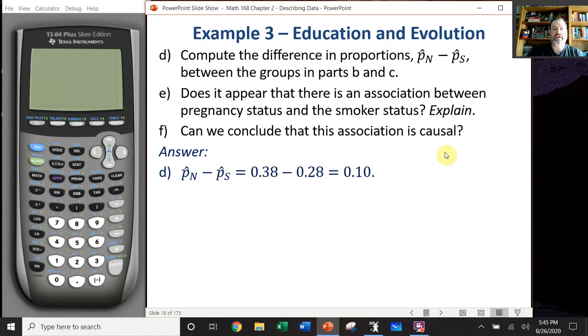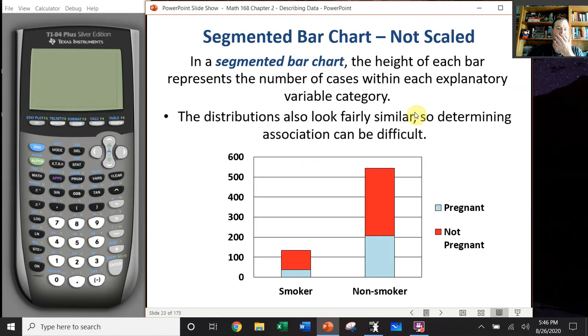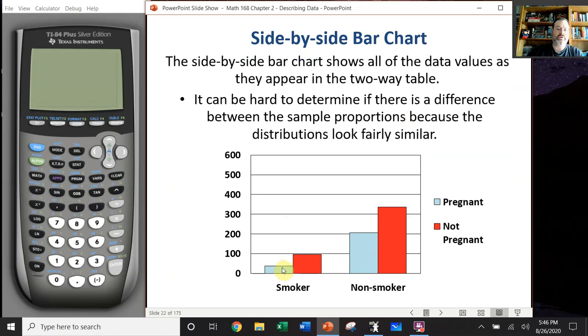Let's go back to the table and look at it. See these numbers here? 38, 97, 206, 337. These are those four numbers, right? So you're actually seeing the data exactly as it appears in the chart.